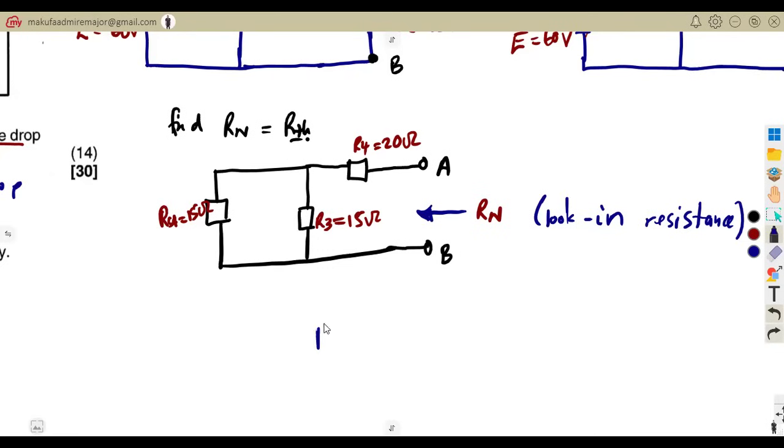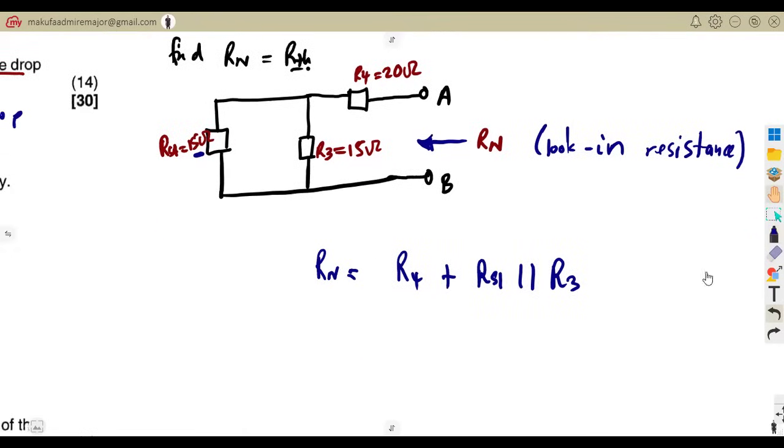So our Rn is going to be R4 plus these two in parallel. So you have to consider our RS1 parallel to R3. Remember, we combined R1 and R2, and they gave us a single resistor, our series combination, which is now in parallel.